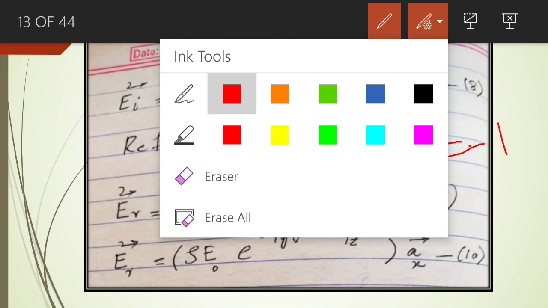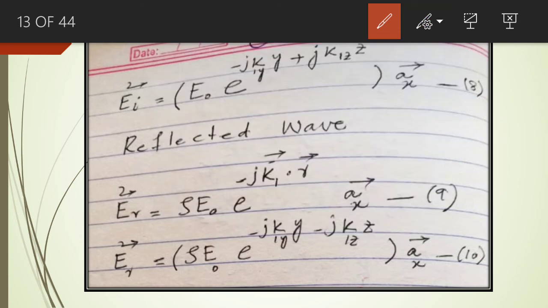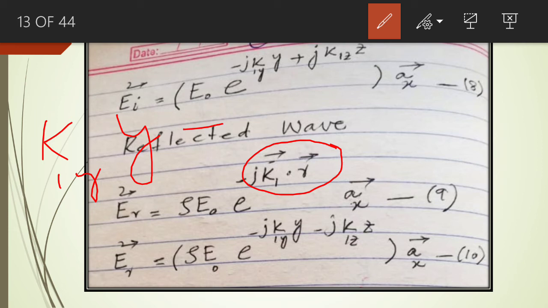So what we do, we put the value of k1 prime dot r, and we know that the value is k1 y plus k1 z. So this is the value of k1 prime dot r.